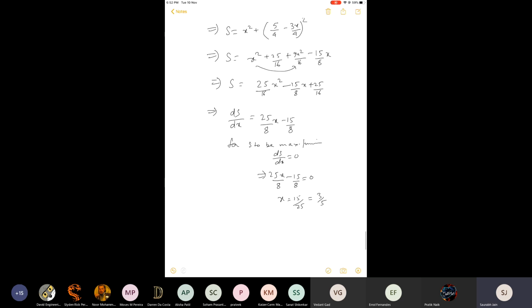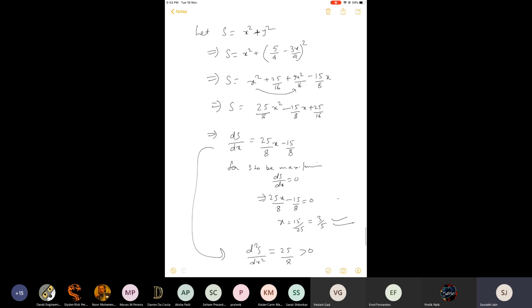Now we will differentiate it again. 25 by 8 is automatically a positive value, so s is minimum, and that is what we want. And it becomes minimum when x is 3 by 5. But the question is to find the value, so put this value here. You will get the minimum value of s, or the expression x square plus y square, when x is 3 by 5.